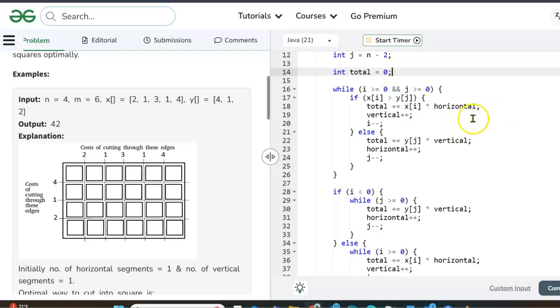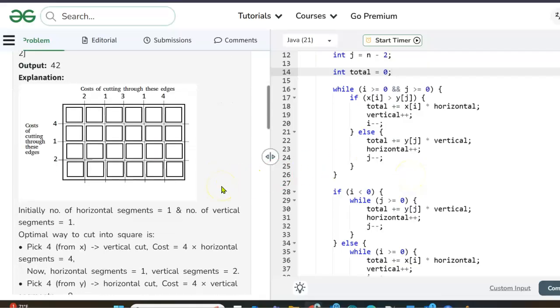That costs us the cost of the vertical cut times the number of horizontal segments. Increment the number of vertical segments and decrement the index. On the other hand, if we don't have a vertical cut that is greater than the horizontal cut, then we do the horizontal cut: cost of the cut times number of segments, increase the number of horizontal segments, decrement the index.